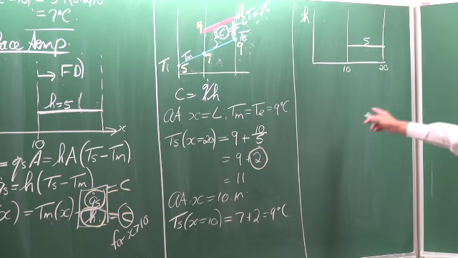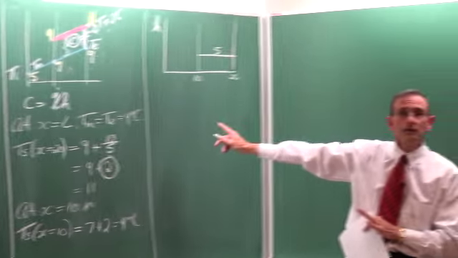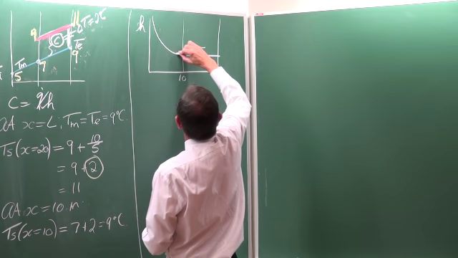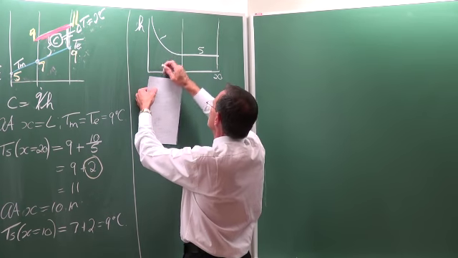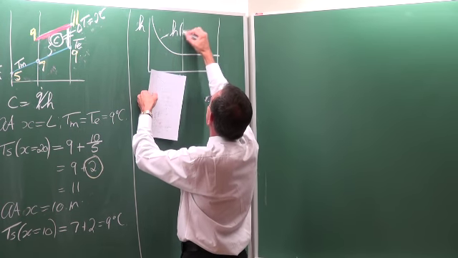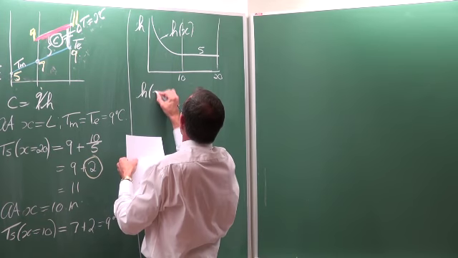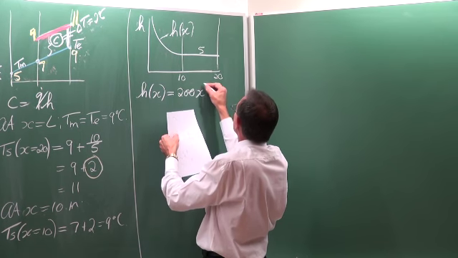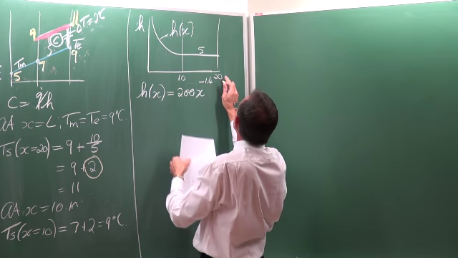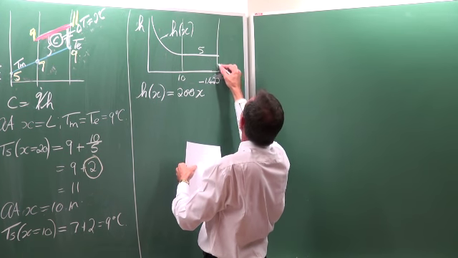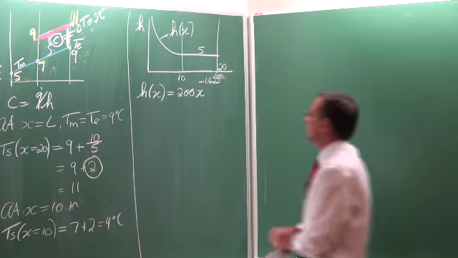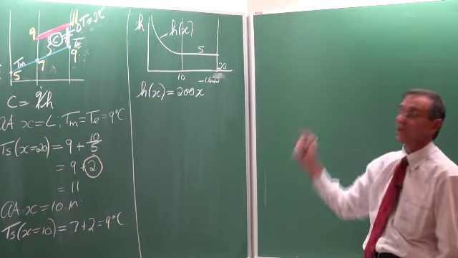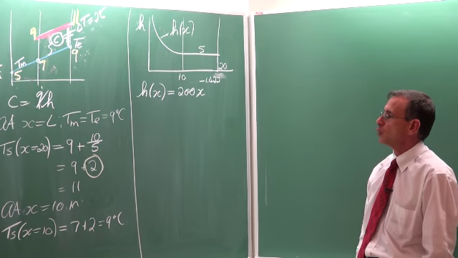The heat transfer coefficient is equal to a constant, equal to 5, if x is larger than 10. Before that, the heat transfer coefficient is going to be written as a function of x, and the function is equal to 200x to the minus 1.422. The heat transfer coefficient as a function of x is equal to 200 times x to the minus 1.422.